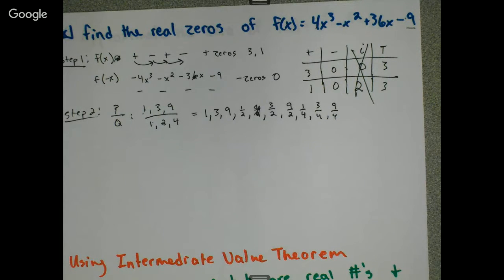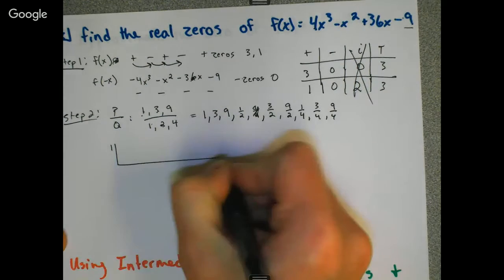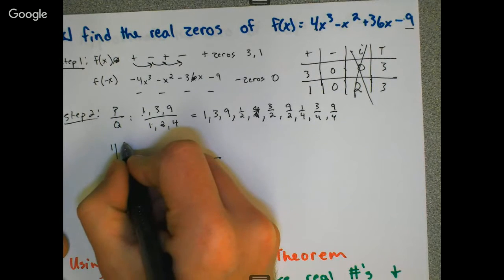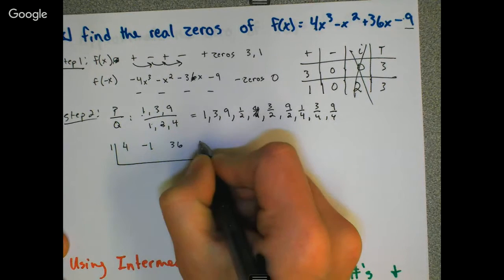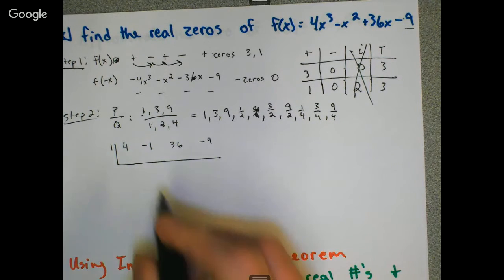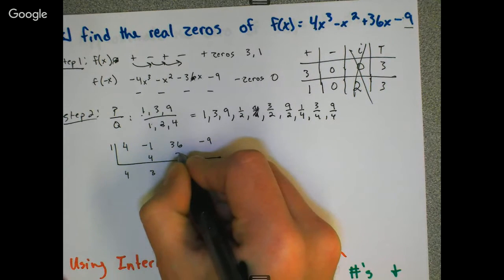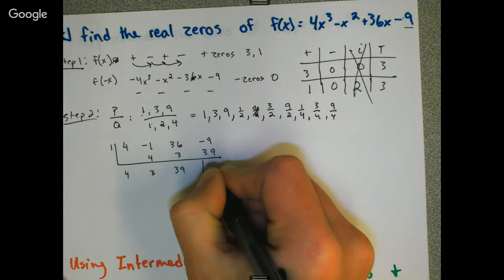Okay, so let's test with positive 1. So we have 4 minus 1, 36 minus 9. When I do this, I get 4, 4, 3, 3, 39, 39, and 30.